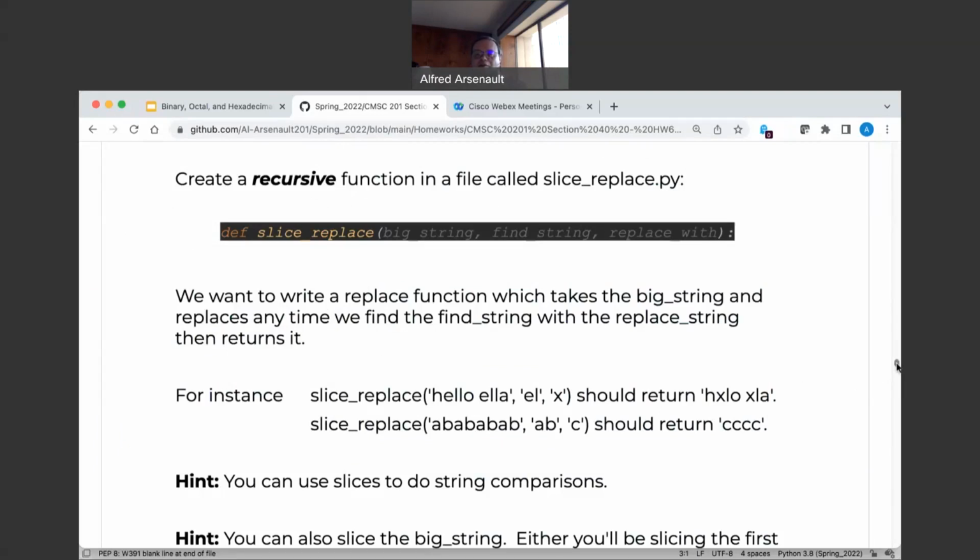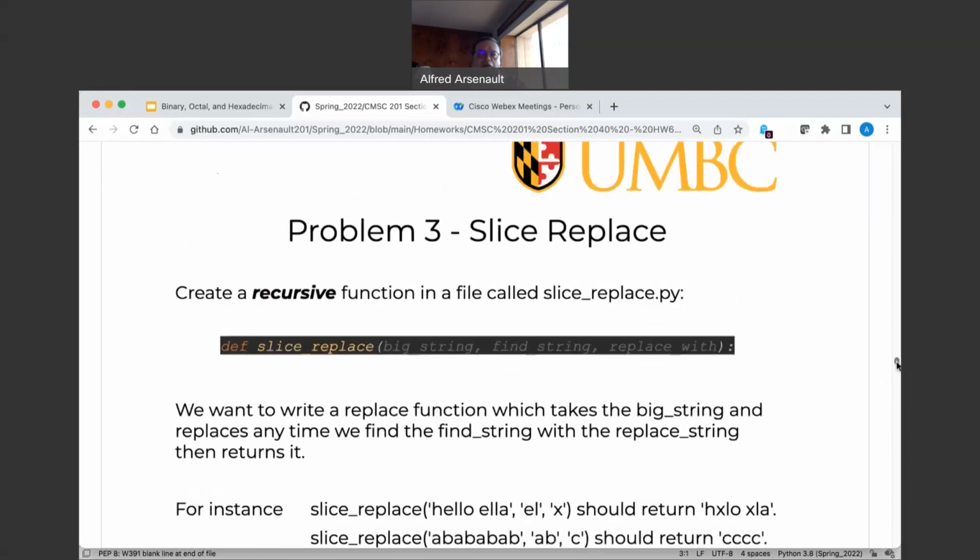Based on some comments I've been reading on the Discord channels, I wanted to talk briefly about problem 3. I'm not going to give you the answer, obviously. You'll have to do that yourself, but I could probably sketch out some things you have to do. Now, problem 3 says you have to write a recursive function in a file called slice_replace.py.